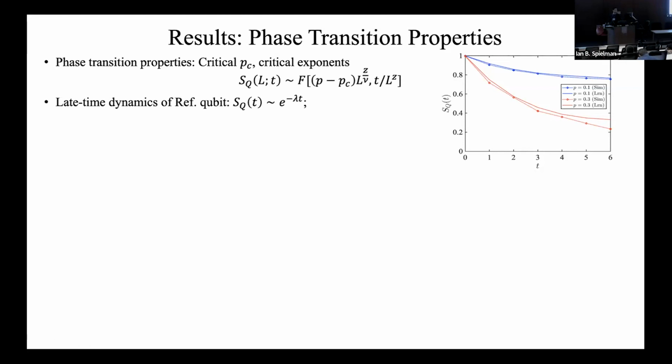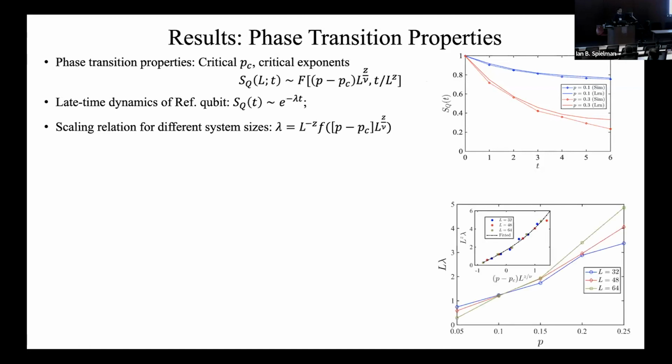More technically, this can be obtained from the time dependence of S_Q and its decay rate, which depends on the values of the critical exponents. These are the results we obtained for system sizes going from 32 to 64, and this is for different measurement rates.